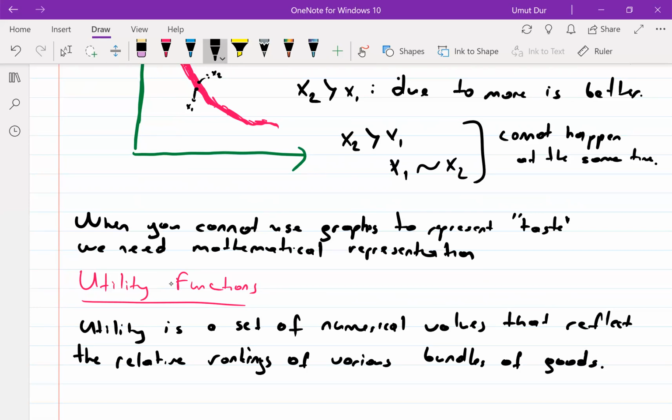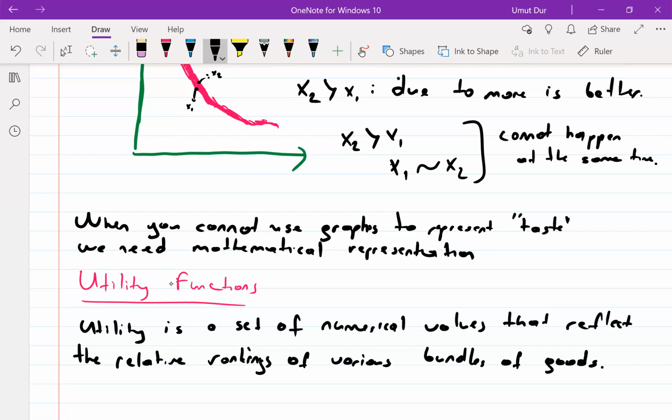Okay, so here utility is just a unit. It is something abstract. You cannot say this is 5 utility, this is 6 utility. The important thing here is the relativity between those values. Let me be more clear. Whenever I say you are getting 5 utility from this bundle and 6 utility from this bundle, we don't care about the exact difference between 5 and 6.